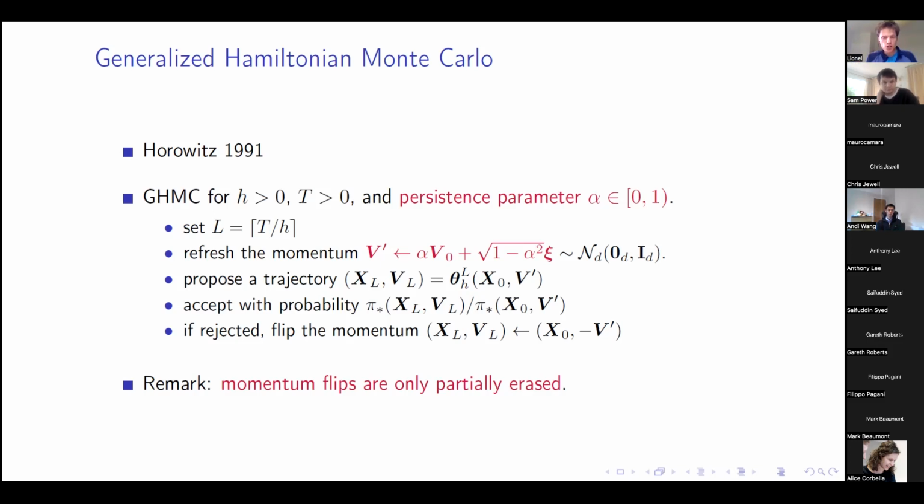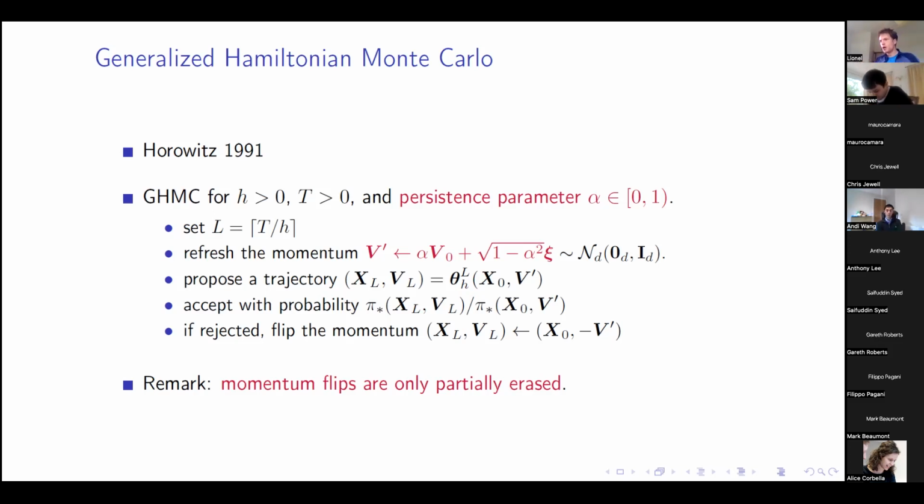There are several approaches that really aim to mitigate the negative impact of the flips on performance of this algorithm. So here we are not going to compare to these approaches, but we are going to keep in mind this problem for GHMC and come back to it later.